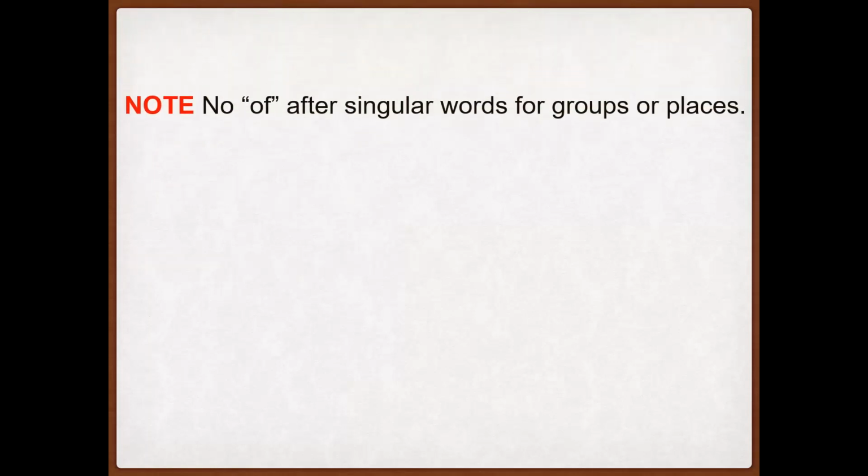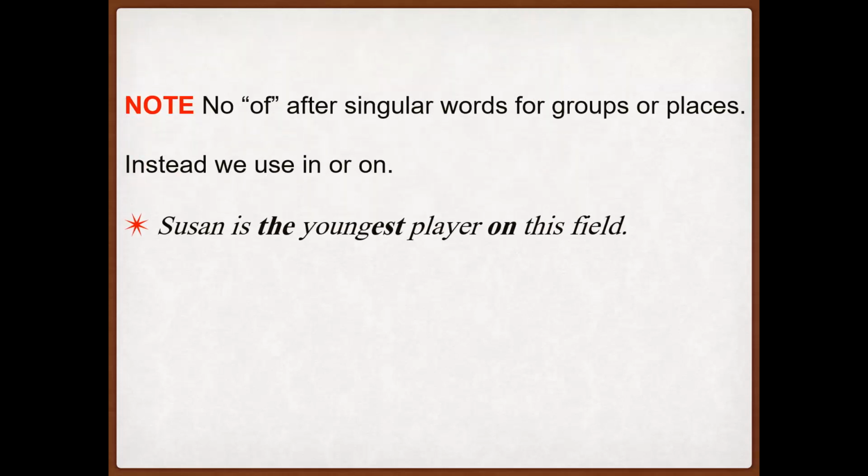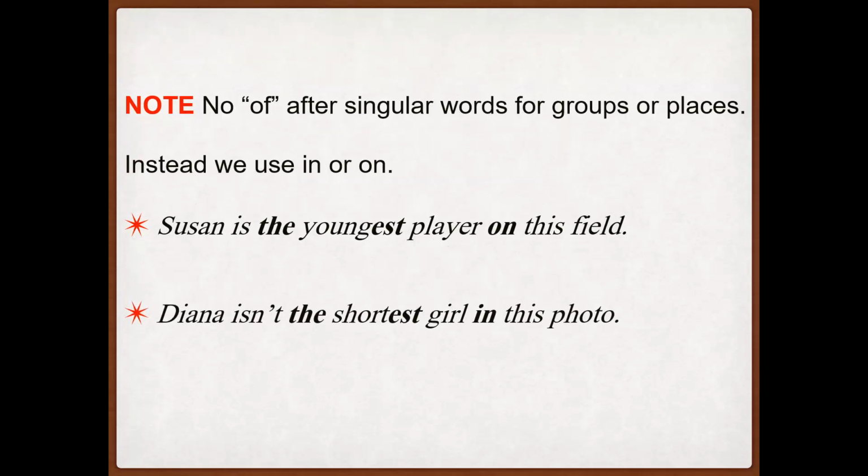We don't use of after singular words for groups or places. Instead, we use in or on. For example, Suzanne is the youngest player on this field. Diana isn't the shortest girl in this photo.